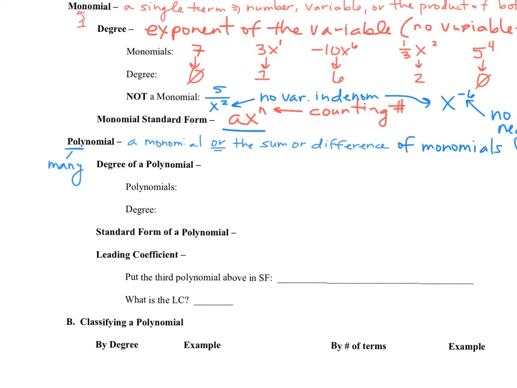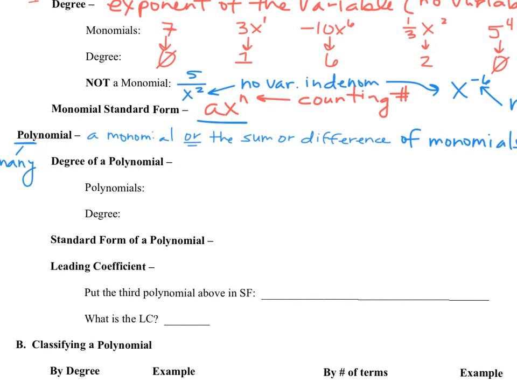When we talk about the degree of a polynomial, this is slightly different because now you're going to have multiple variables involved. Your degree is your largest exponent of any of the monomials.